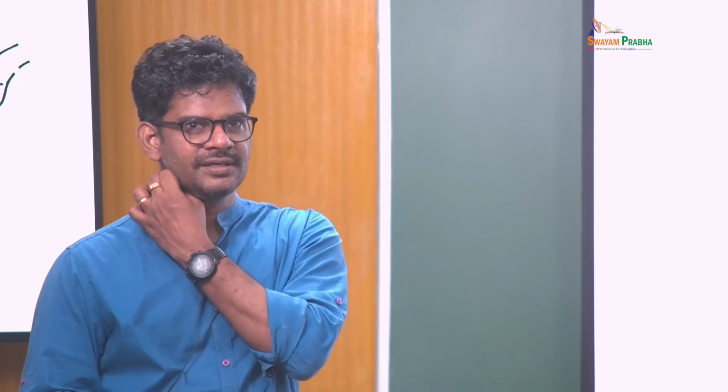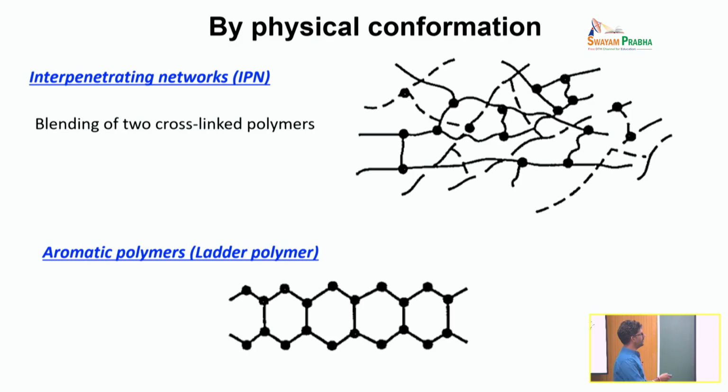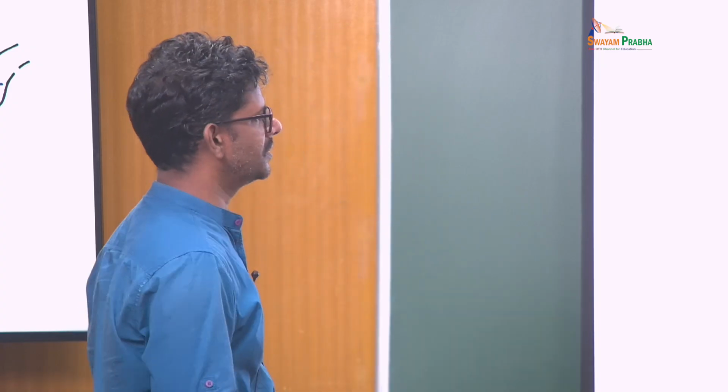So the reason to have such an interpenetrating network is to have a combination or a synergistic property enhancement. So there are two kinds of polymer here, right? Each one will bring its own mechanical properties. So the blend will have a combination of those. Okay, there are not very many such blends because typically they phase separate, they don't mix very well, and these are a new set of polymers that are finding a lot of emerging applications.